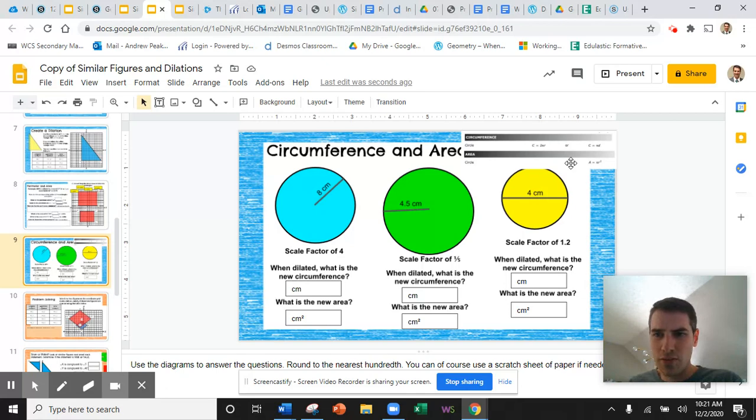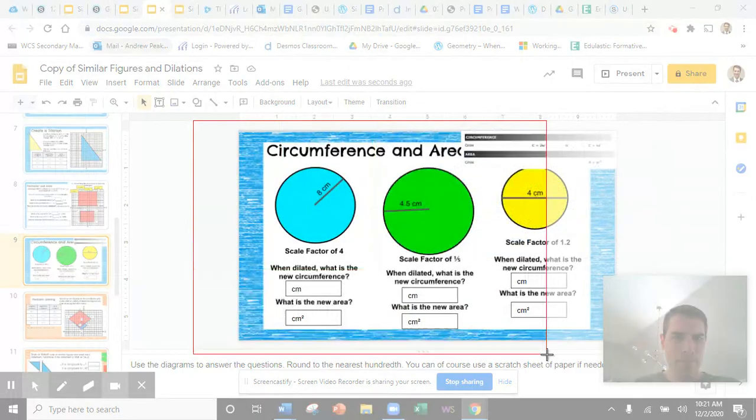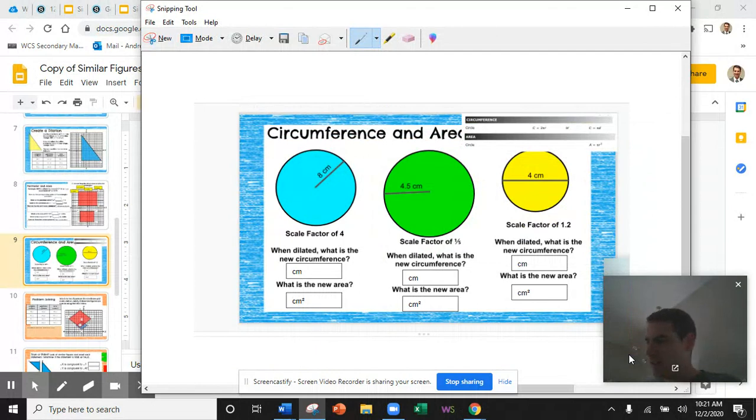If you don't remember circumference and area of a circle, it's tiny right there, but circumference is 2 pi r, or pi times my diameter. So for instance, I'll do an example here. Say the scale factor is 4. When dilating, what's the new circumference? That would mean my radius has gone up by 4.